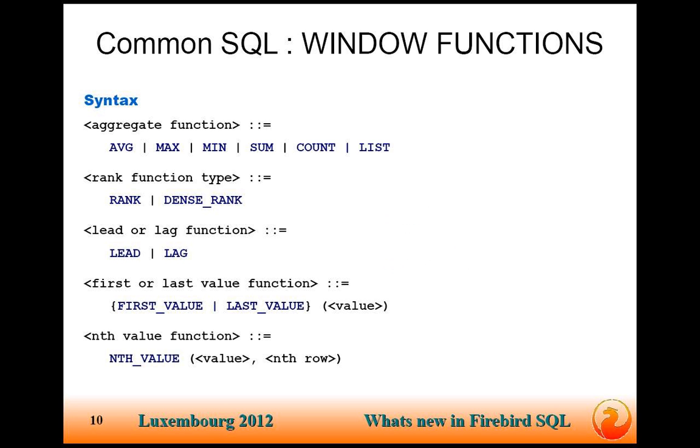This is the full list of the window functions which are currently committed, and you can already try them. A usual set of aggregate functions, our custom function LIST, RANK and DENSE_RANK, which represent the row position in the result set, LEAD or LAG functions, which allow getting values from the previous or next row in the result set, FIRST_VALUE, LAST_VALUE, NTH_VALUE.